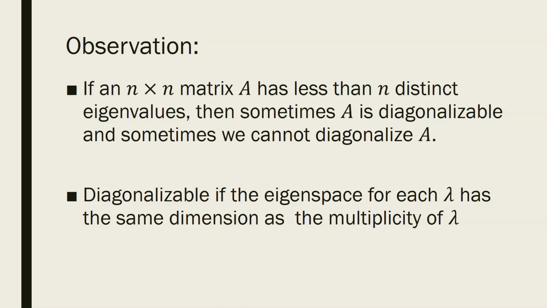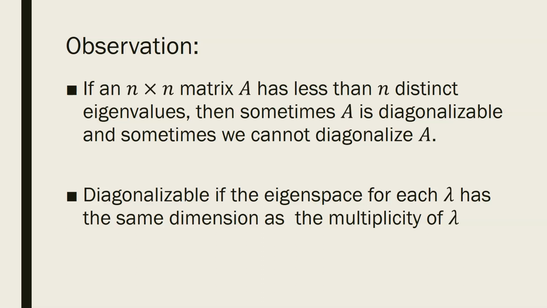And moreover, what we're saying is, in the cases where our matrix is diagonalizable, then the eigenspace for each eigenvalue has the same dimension as the multiplicity of that eigenvalue. All right? So if our eigenspace has dimension 2 and our eigenvalue is of multiplicity 2, then that's really good.